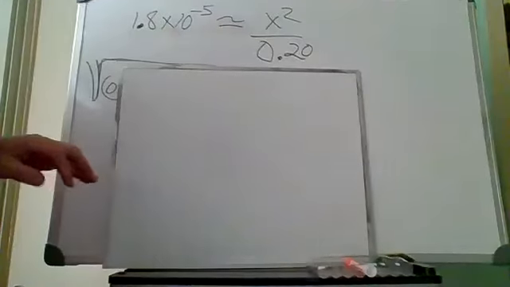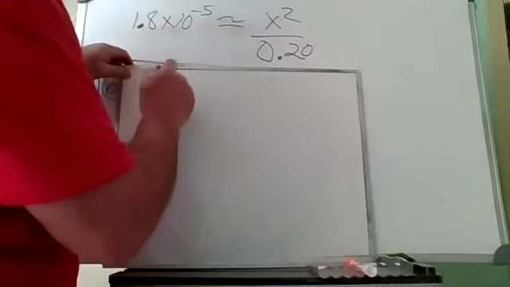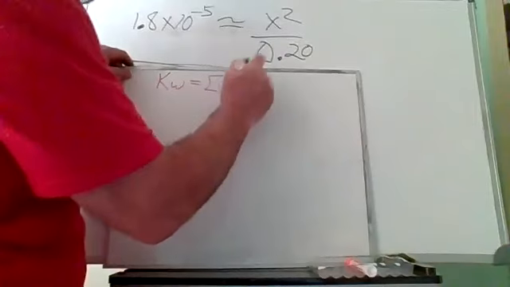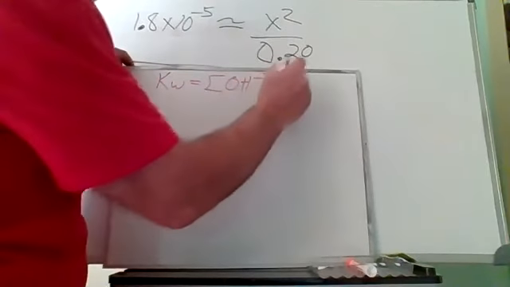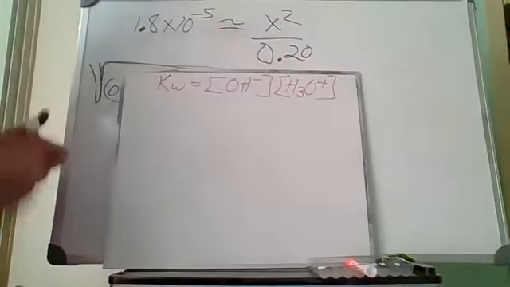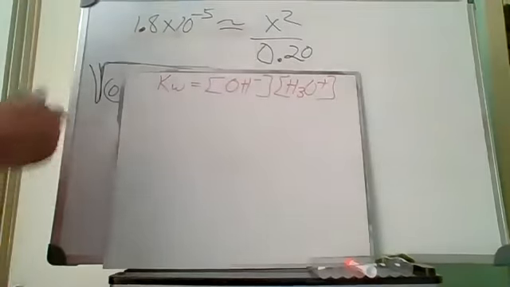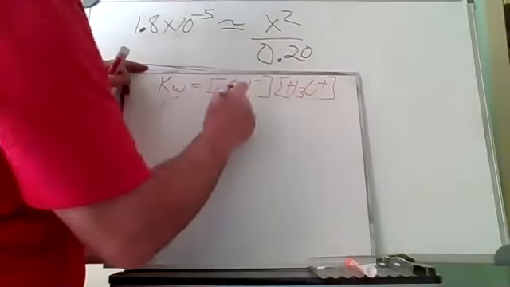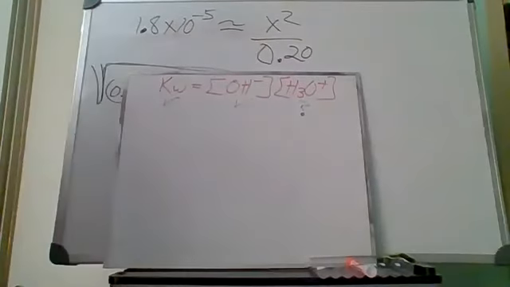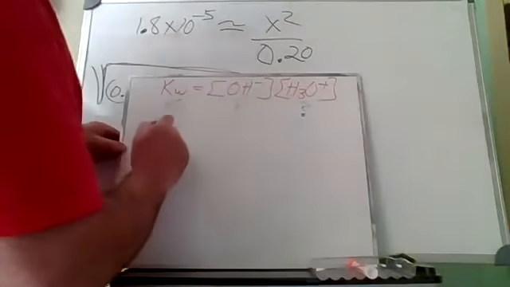All right. I know that Kw is equal to hydroxide times hydronium concentrations. I know this. I don't know this. So rearrange the equation.